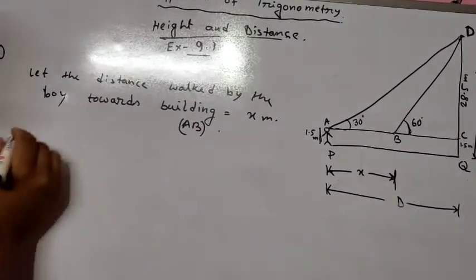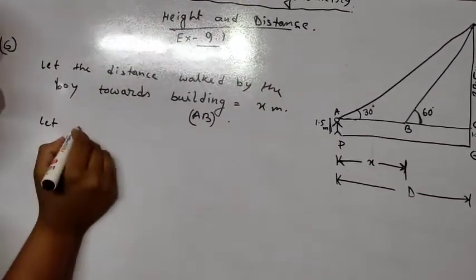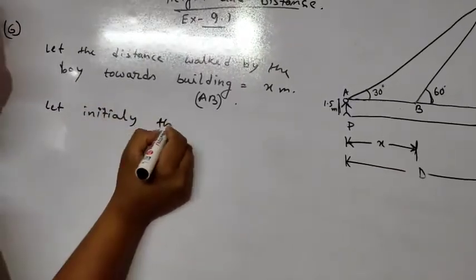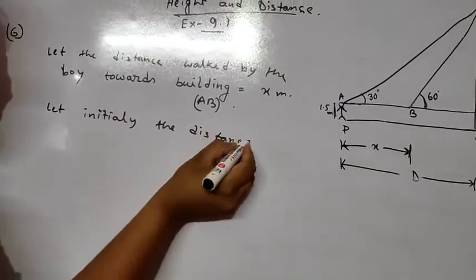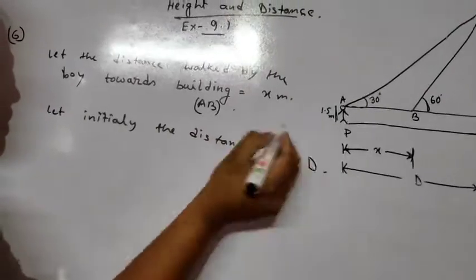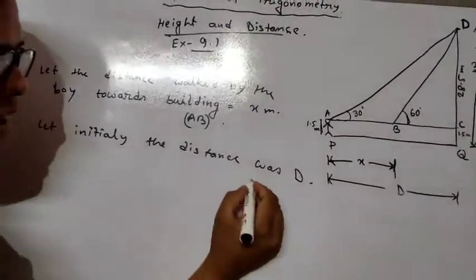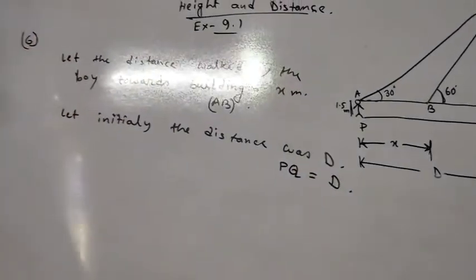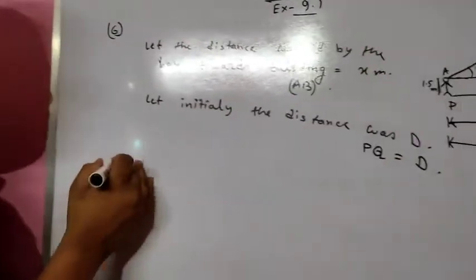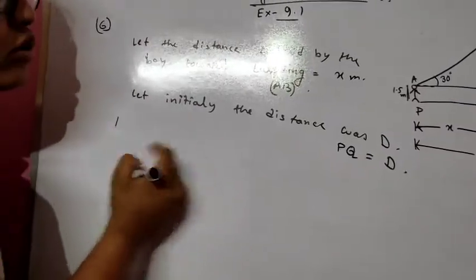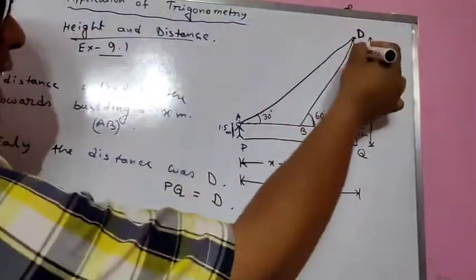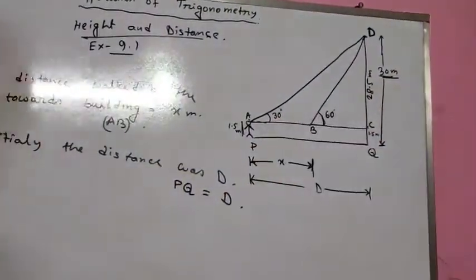Now let the initial distance be capital D. What we have taken as capital D is our PQ. Now here two triangles are formed. One is ACD, which is a right angle triangle. Another is BCD, which is also a right angle triangle.